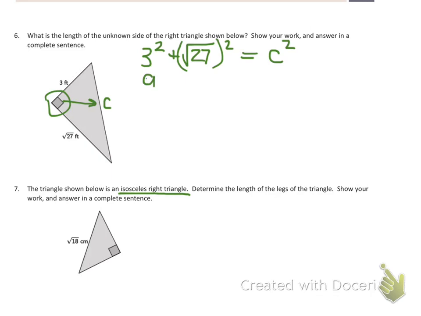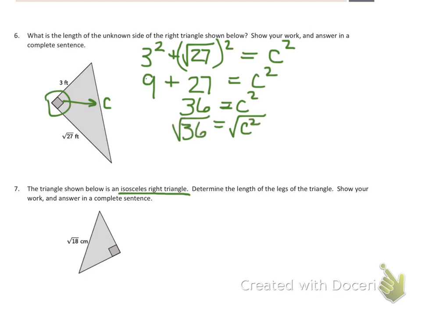So we've got 9 plus 27, since 3 squared is 9 and the square root of 27 squared is 27, and that's equal to c squared. 9 plus 27 is 36. And so they've made this one easy for us because the square root of c squared is equal to the square root of 36. So c is equal to 6.